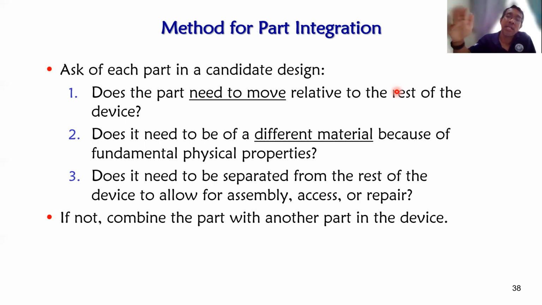Each step can be eliminated or not. Or rearrange, we can rearrange the process. All these are the SCAMPER checklist for idea generation. So instead of this method, you can also use SCAMPER to find out the idea. So that is the method for part integration.